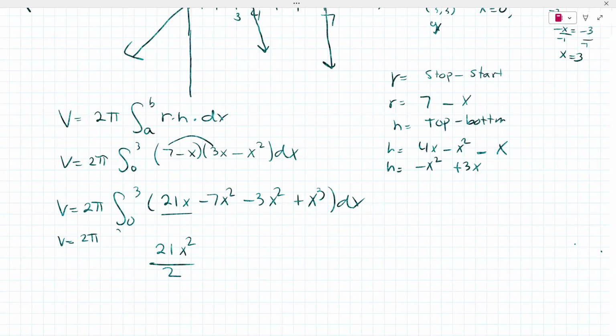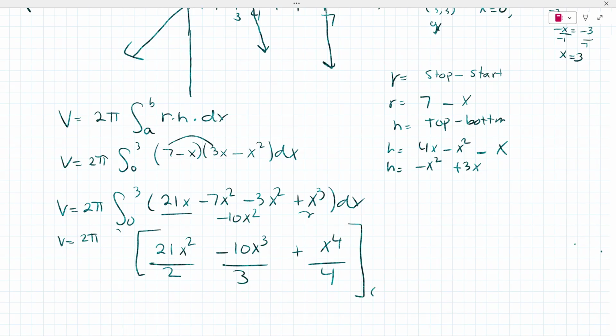Oh wait, I could have cleaned this up. Negative 7x squared and negative 3x squared is negative 10x squared. So the integral of negative 10x squared is negative 10x cubed over 3. And the integral of x cubed is x to the fourth over 4. I don't think we can reduce, so we can put our boundaries from 0 to 3.